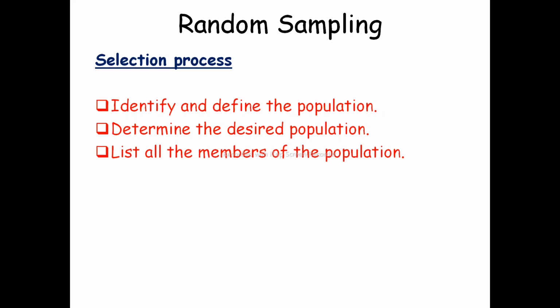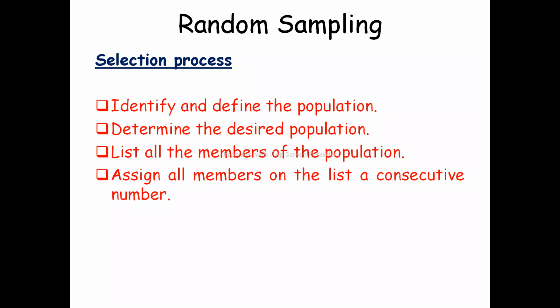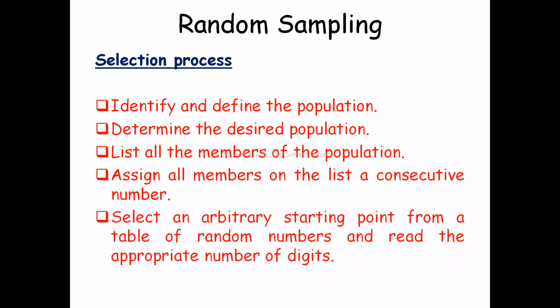Next, list all the members of the population. Next, assign all members on the list a consecutive number, meaning give numbering. And lastly, select an arbitrary starting point from a table of random numbers and read the appropriate number of digits, or you can use a computer for randomization.